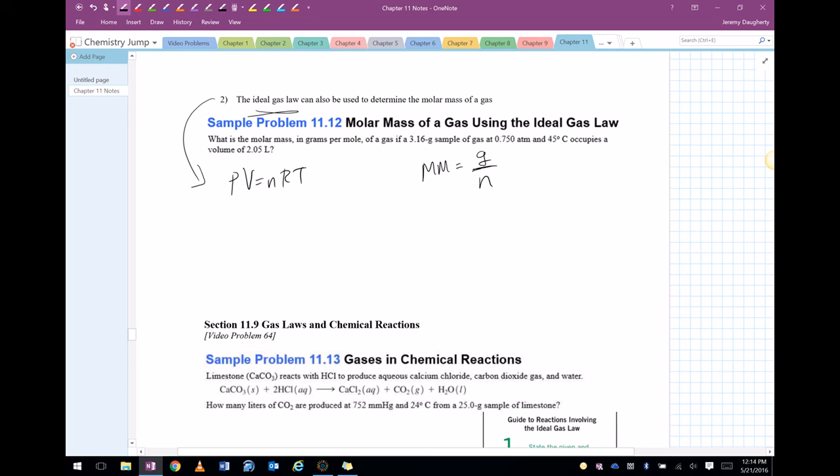So if I solve this for moles, moles is equal to grams divided by molar mass. If I do that, then I can plug this in: PV is equal to gRT over molar mass. And there I can find the molar mass of a gas.